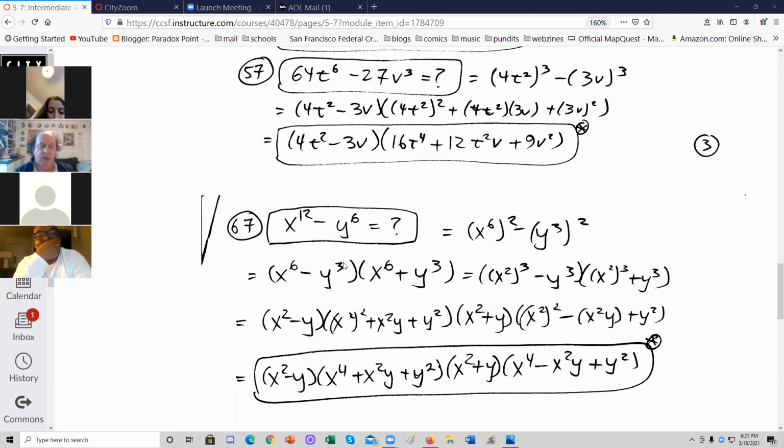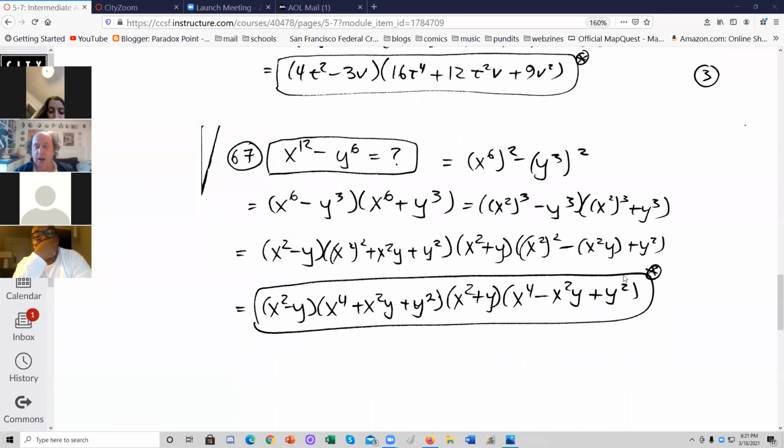Now, this is a cube. A 6th power is a cube of a square, so this is a difference of cubes, excuse me. And this likewise is a sum of cubes. So this factors into a difference, x squared minus y, times square plus product plus square.